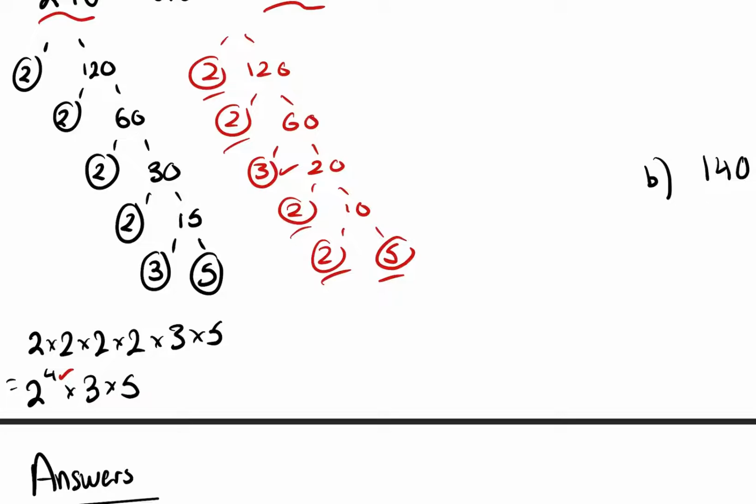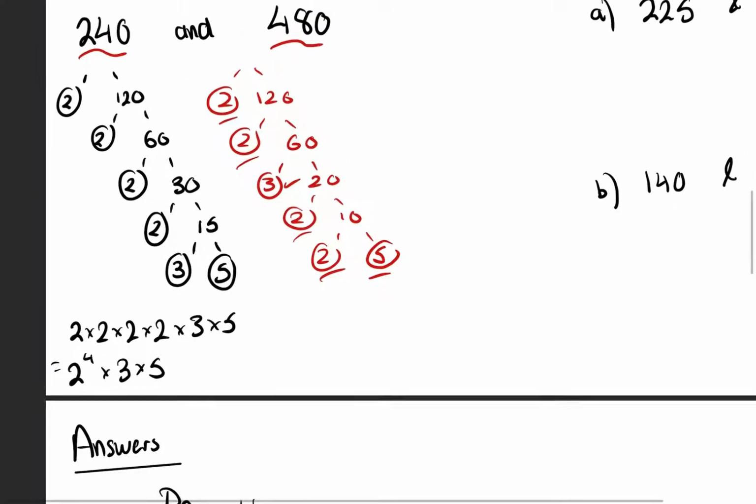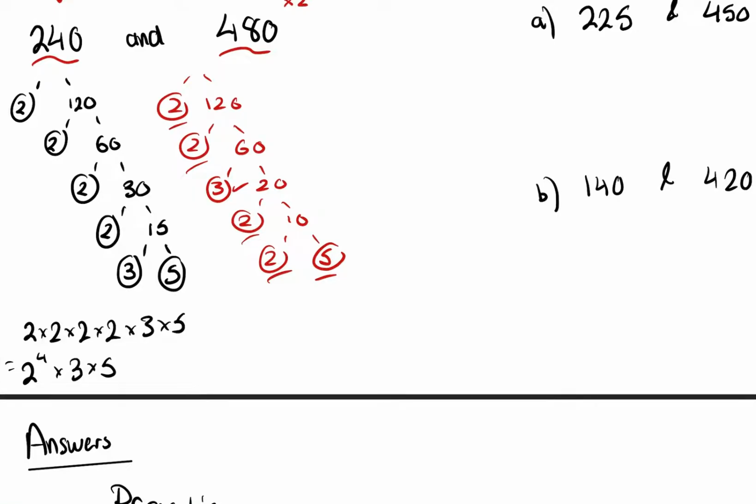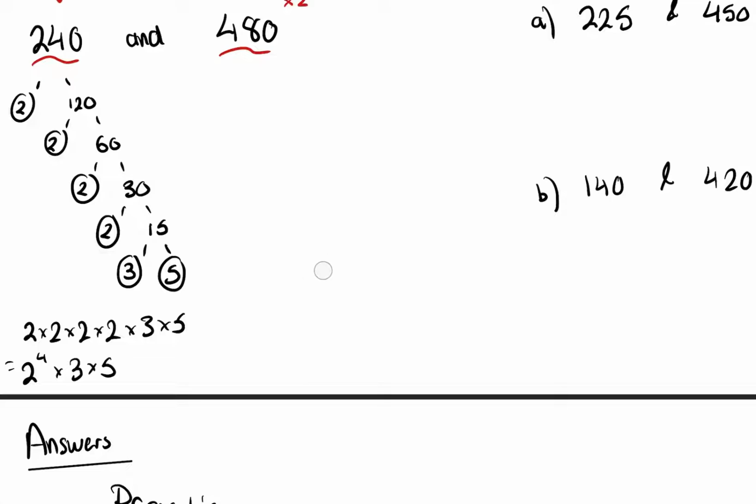It's the same answer, but I just like to follow the first one we hit. So I will take that away now. The 480, like I just said, all we do is multiply our answer by 2. So 2 to the power 4 now becomes 2 to the 5 times 3 times 5.